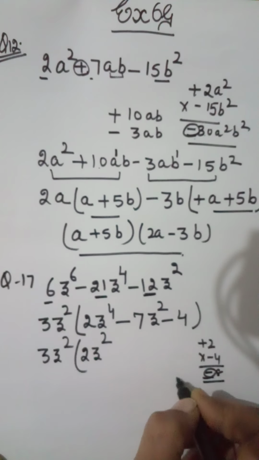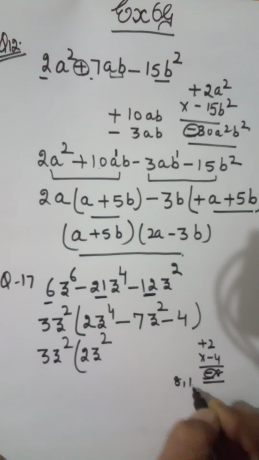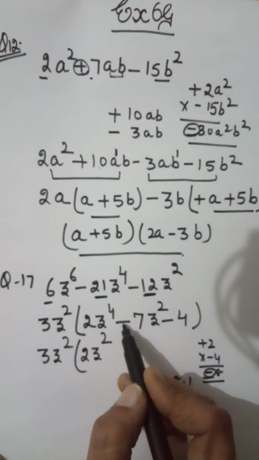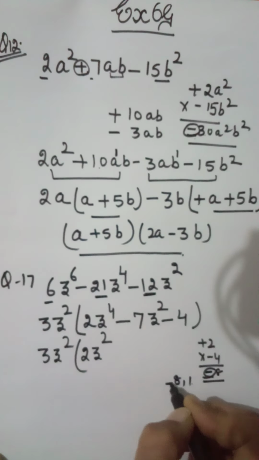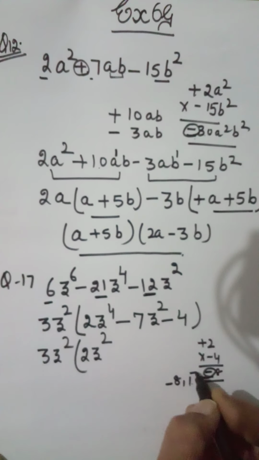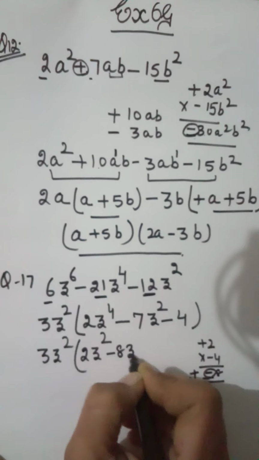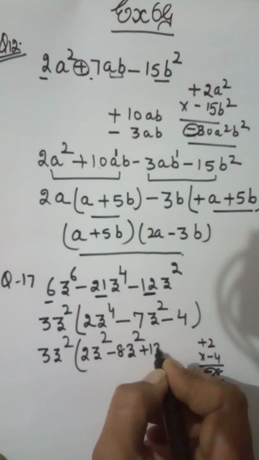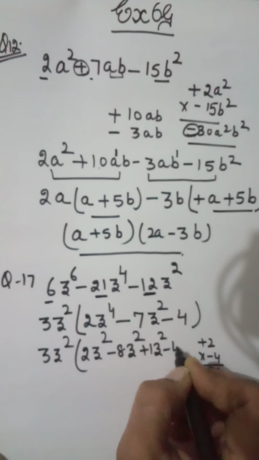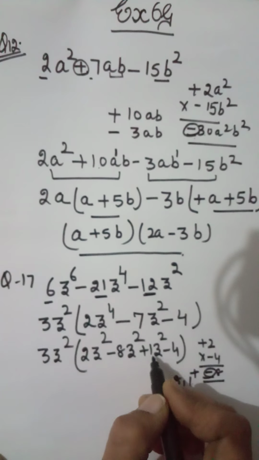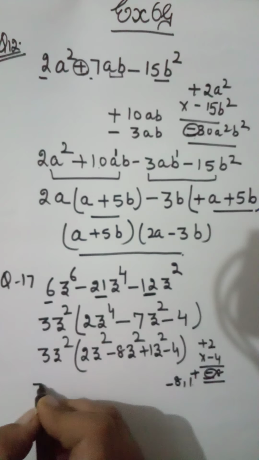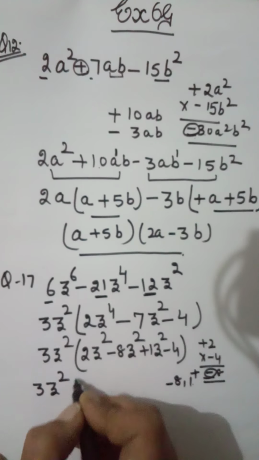Now 8 1s are 8. 8 minus 1 is 7. Here middle term is negative, so you will give minus sign to the big term and plus sign to the smaller term. Now minus 8 z square plus 1 z square minus 4. You can see product is 8 1s are 8. Clear? Now 3 z square.